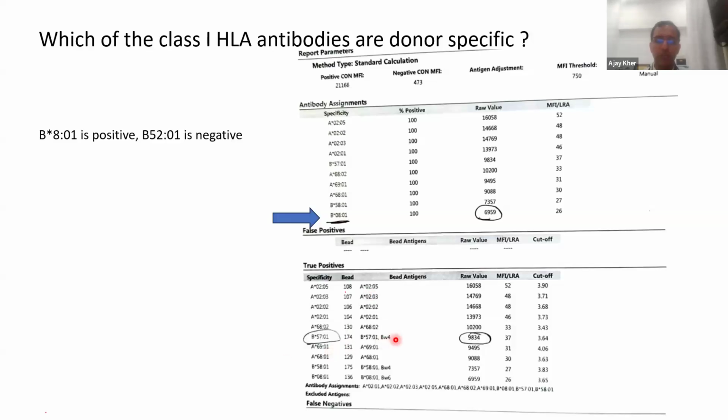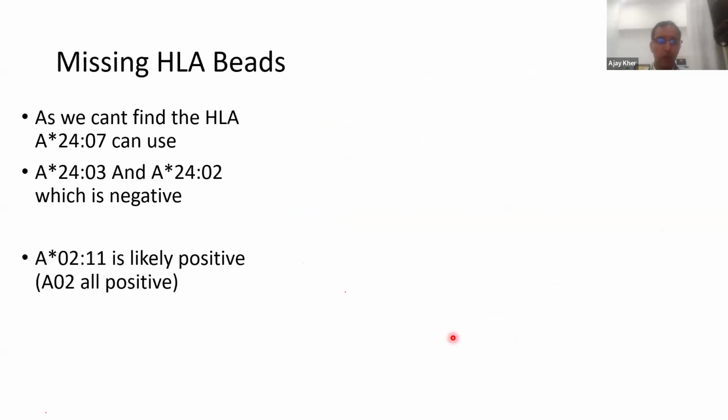The 5701 is positive. However, there may be other HLA antigens for which beads are not available. For example, there could be a donor with a 2407 or a 2403, for which we don't have that bead available.